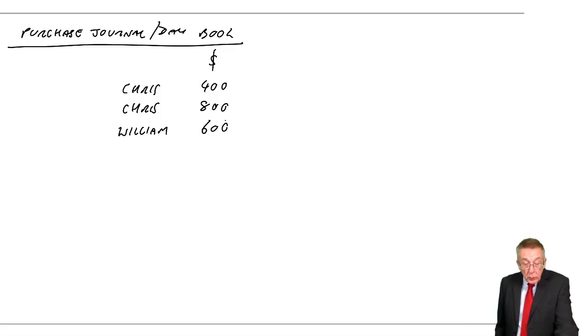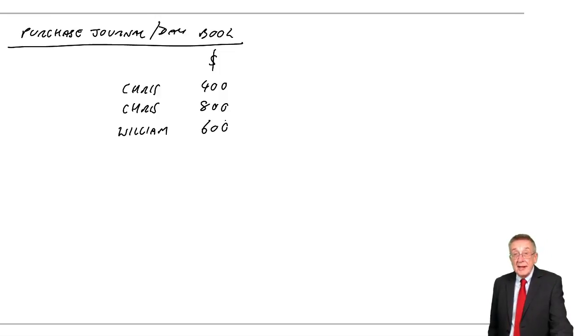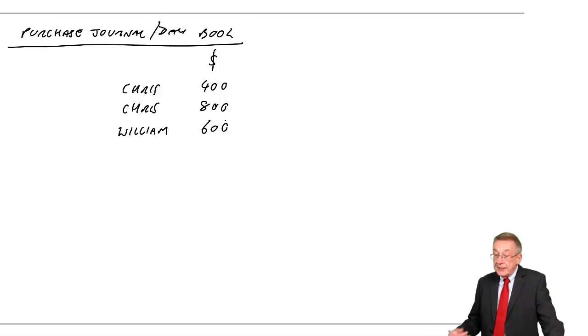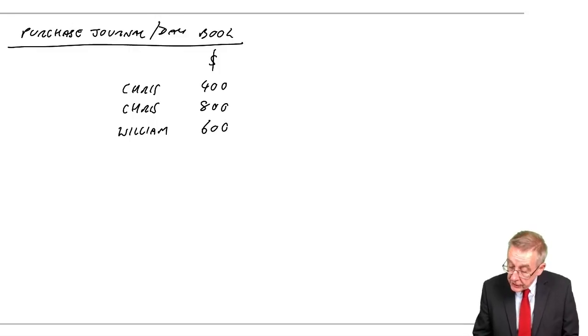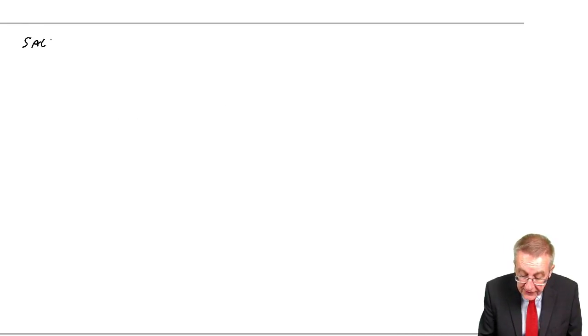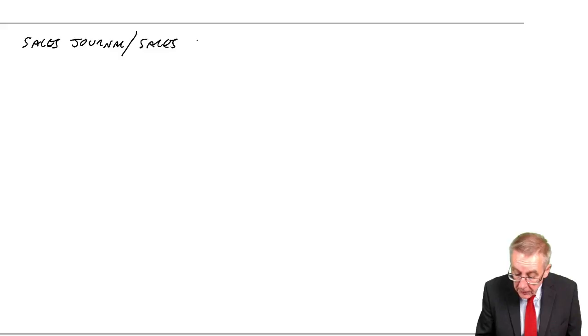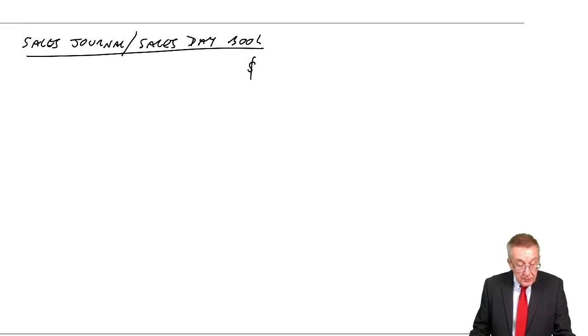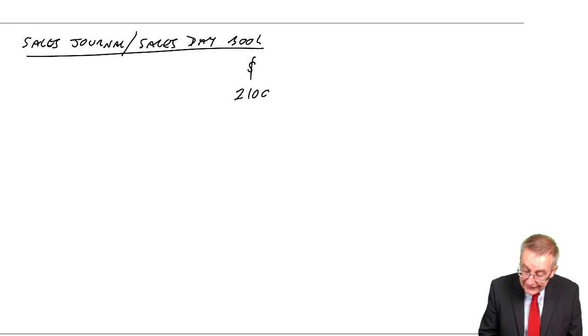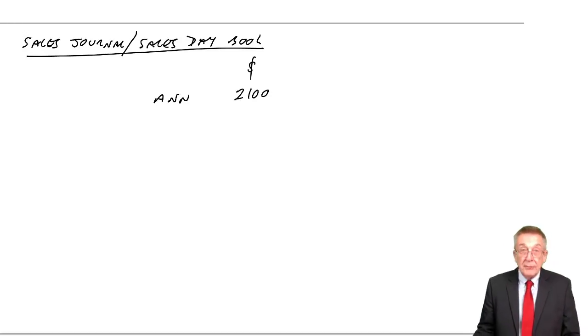H, we sold some chairs, 2,100 to Anne, on credit. If we sell on credit, obviously there's been no cash, we list it in the sales journal or the sales day book. Two names, remember, for the same thing. What was it? It was 2,100. I'll make a note of who it was to, obviously.